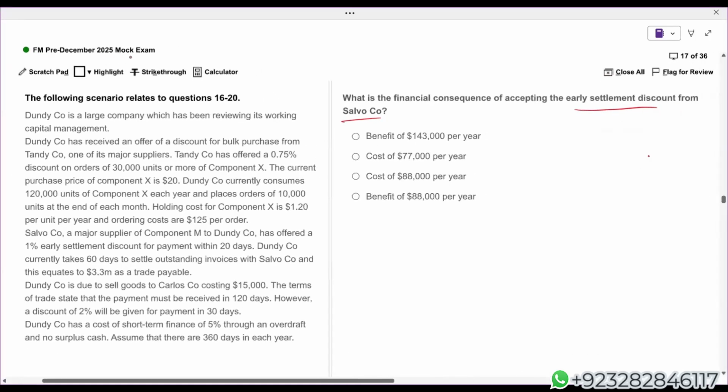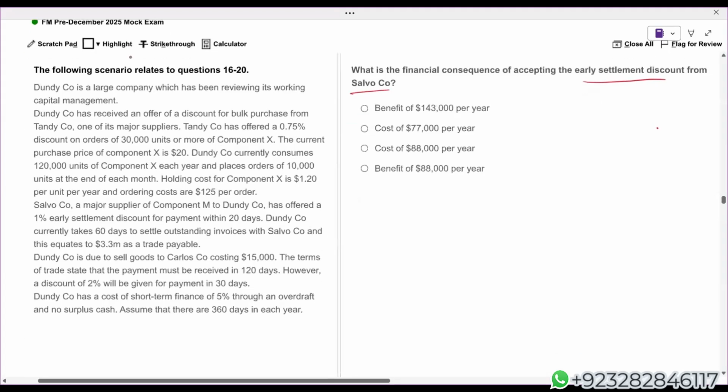Salvo company, a major supplier of component M. Students, first we were dealing with component X. Now it's a different component, and this component is component M. D company has offered a 1% early settlement discount for payment within 20 days.